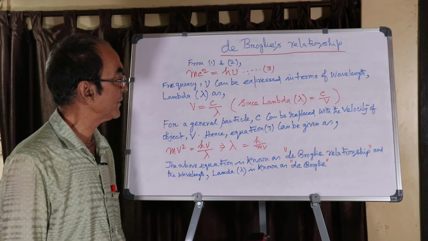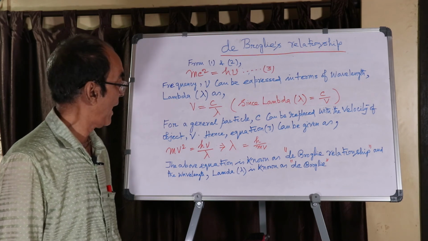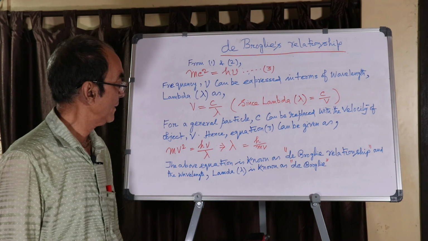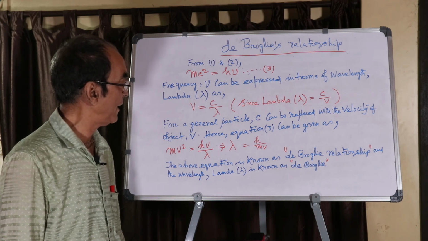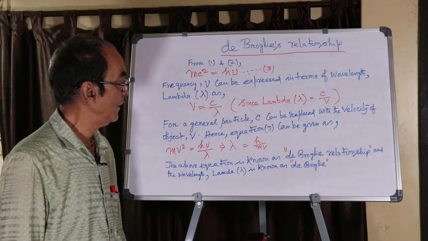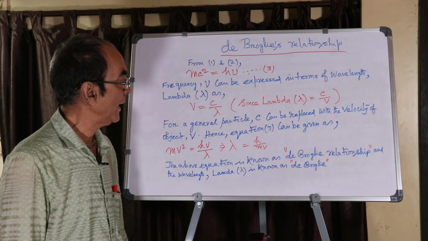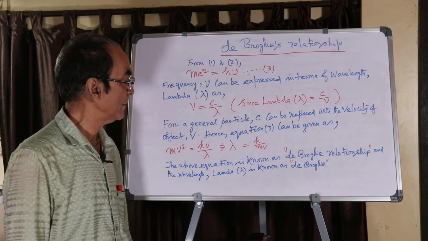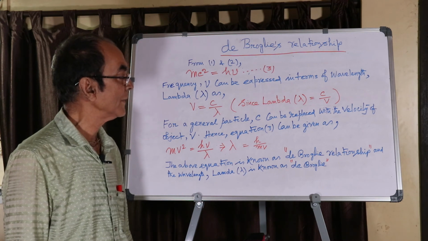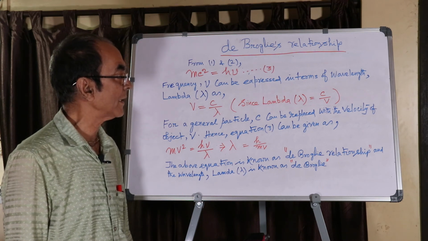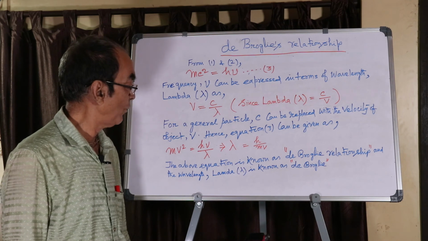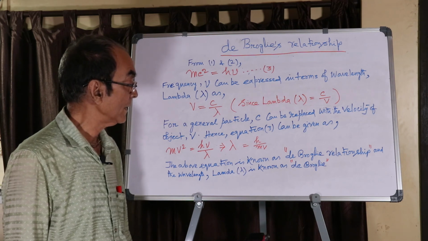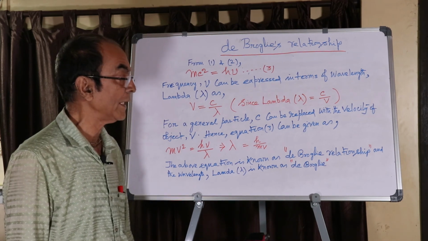Hence, equation 3 can be given as mv² = hv/λ. Therefore, λ = h/mv. The above equation is known as the de Broglie relationship, and the wavelength lambda is known as the de Broglie wavelength.